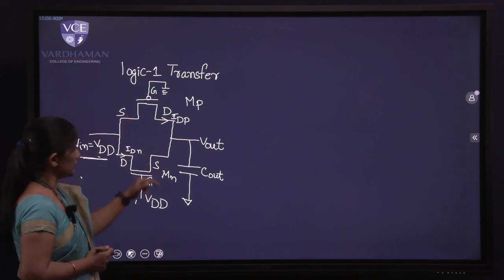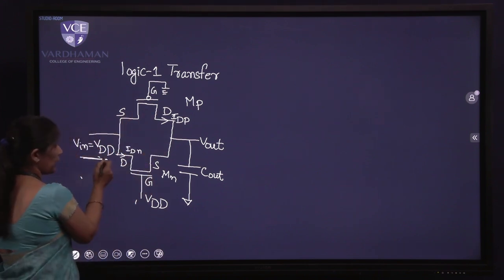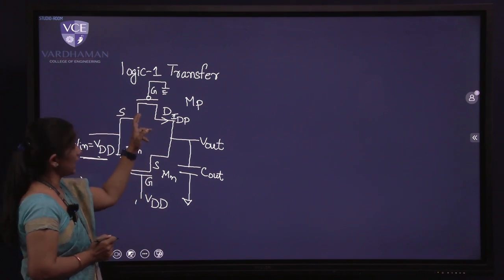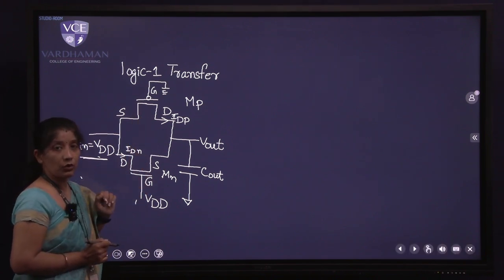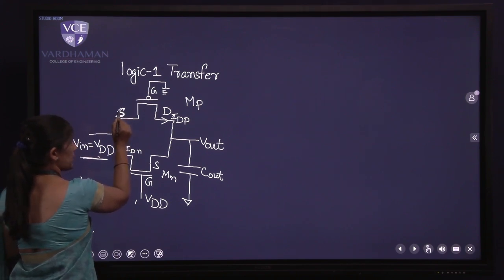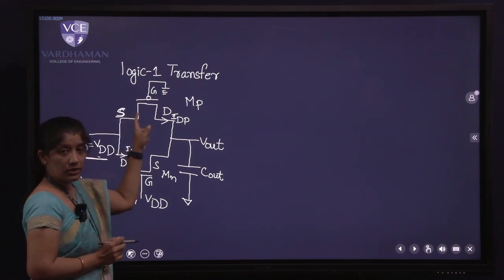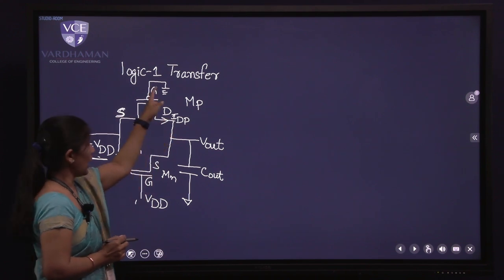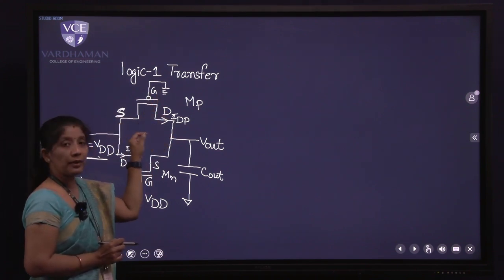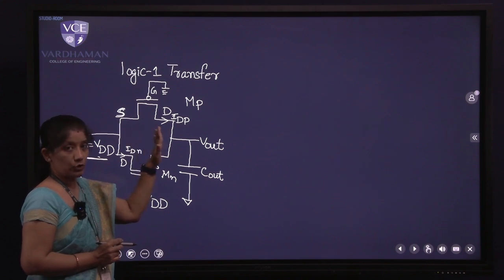Now if you see this complete circuit diagram, because it is logic 1, just before we discussed that PMOS is able to transfer logic 1 correctly. So the source of PMOS is represented here. If this is the source, the other side becomes the drain, and the gate is connected to ground, because we know that to turn on a PMOS transistor, 0 has to be applied.